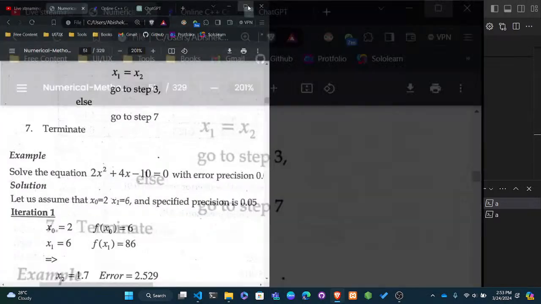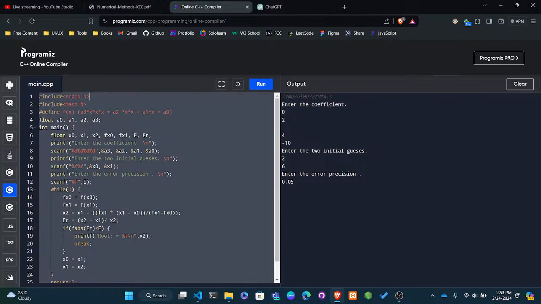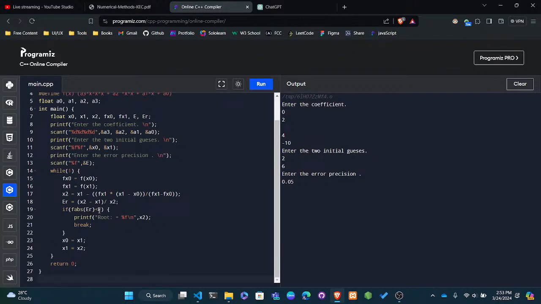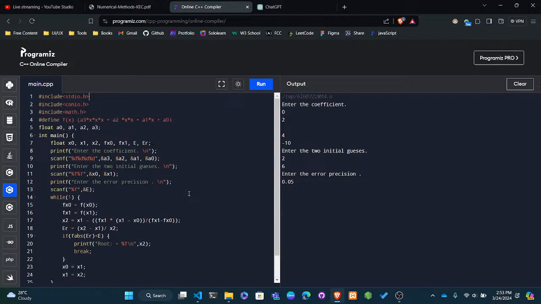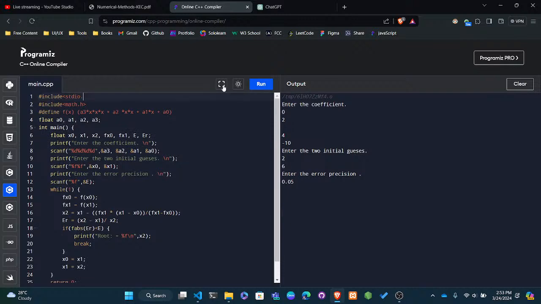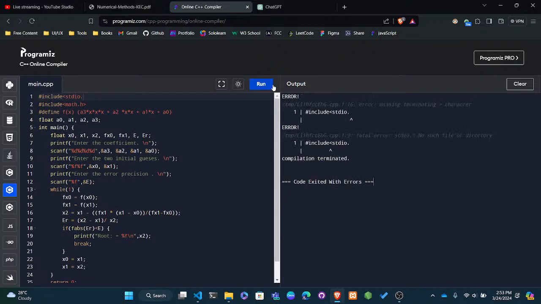Let's do it ourselves. So let's remove conio.h since this online compiler doesn't support it, and keep stdio.h. It's kind of a silly mistake.